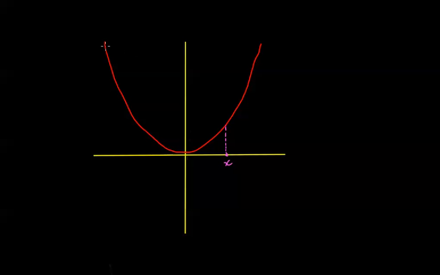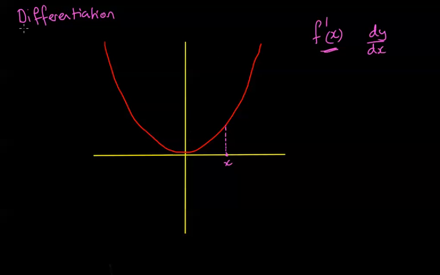Oh, by the way, I need to say what this method's called. What we're trying to find now is the derivative function, the f dash of x, or the dy by dx. But the process is called differentiation. There are lots of different ways to differentiate.